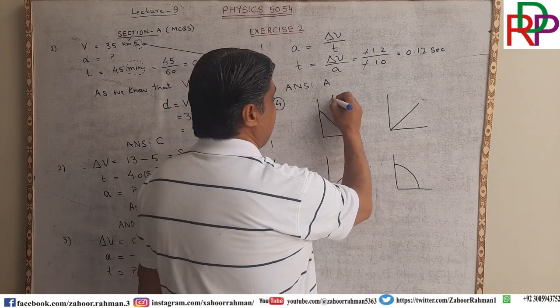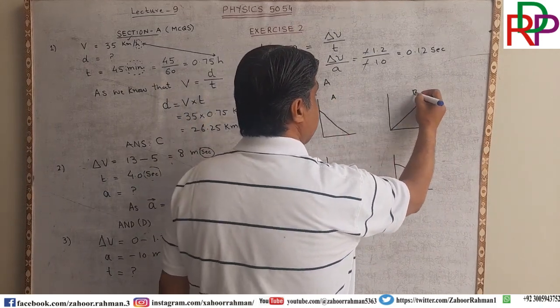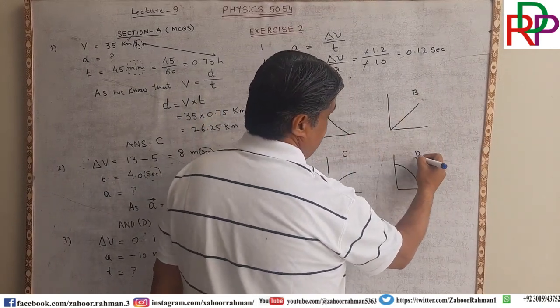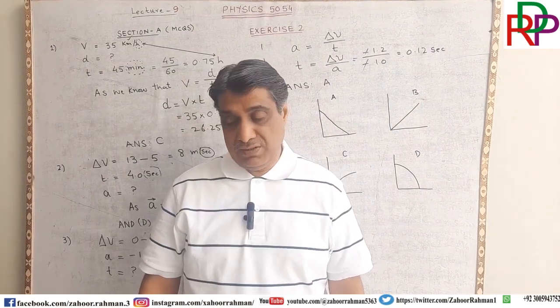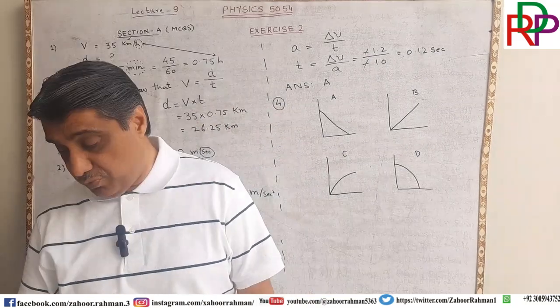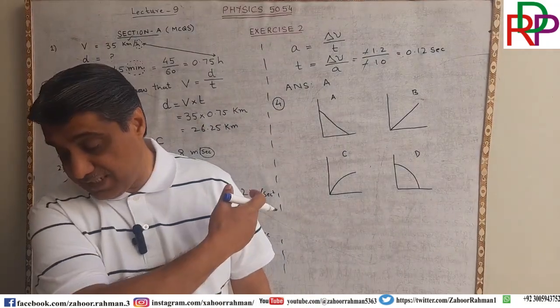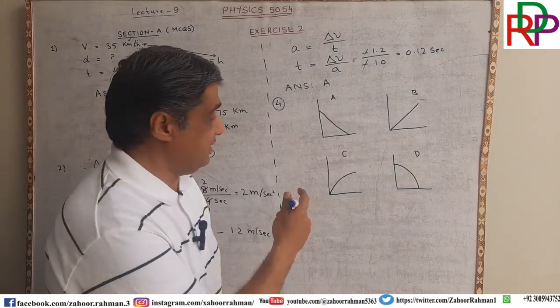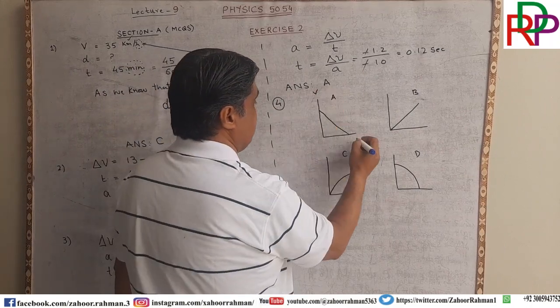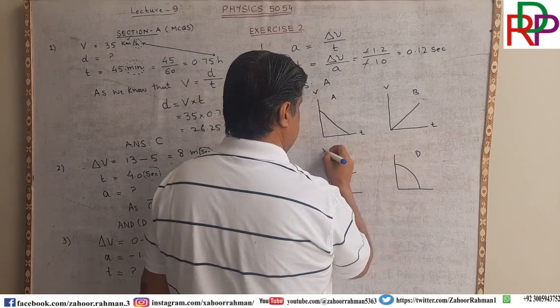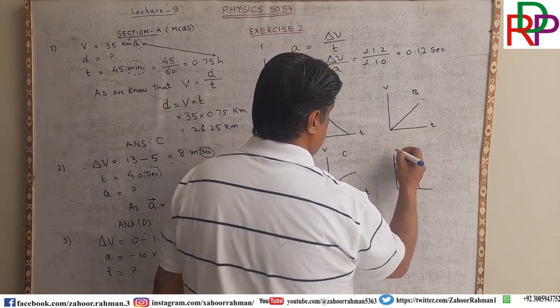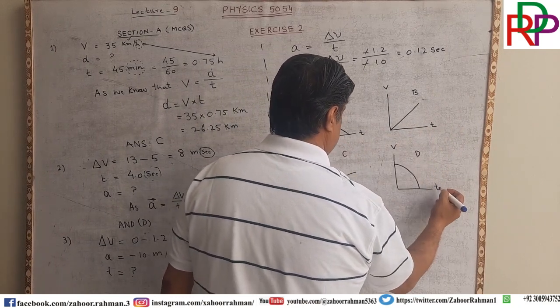Now this is A and this is B, this is C and this is D. The question is saying which one of the following velocity time graphs, because this is V and this is T, this is V, this is T, this is V and this is T.